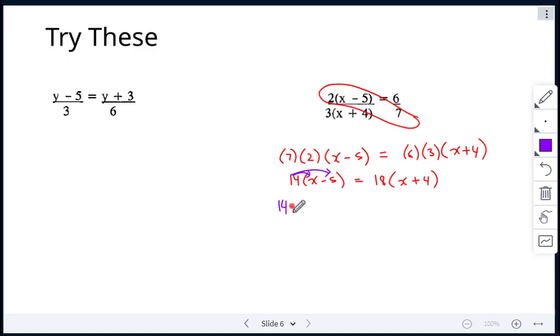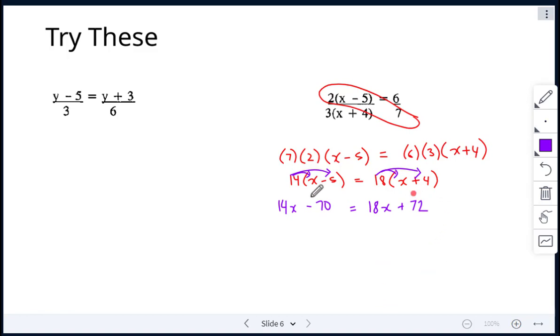So that gives me 14x minus 70. 14 times negative 5 is negative 70. Then on this side, 18 times the x, that gives me 18x. And then the 18 times the positive 4, that is 72, positive 72.